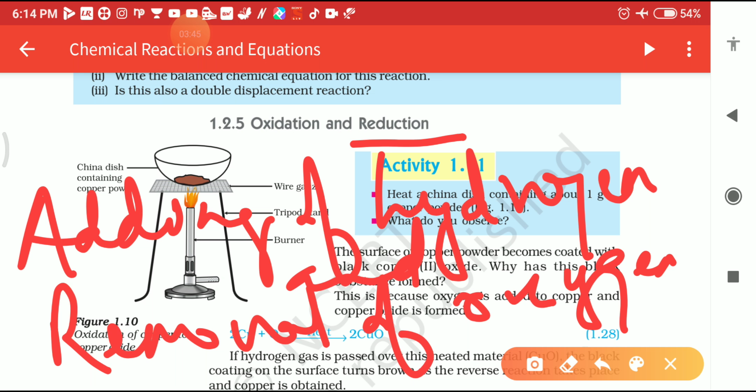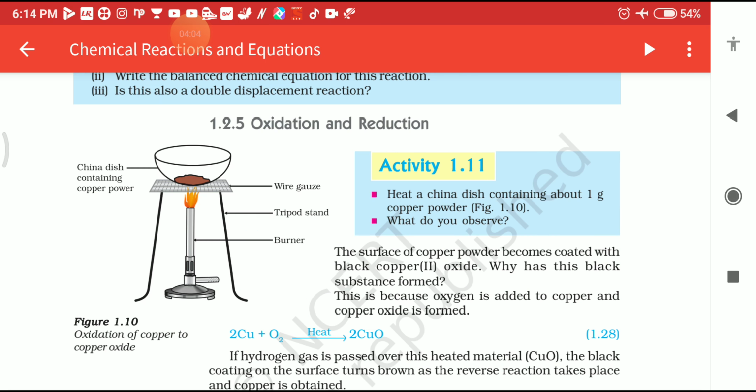A reducing agent is just like reduction, but here we use the word agent. Agent means which can do the work and help in the removal and addition of oxygen and hydrogen. Let's start Activity 1.11. You can better understand oxidation and reduction with this activity.